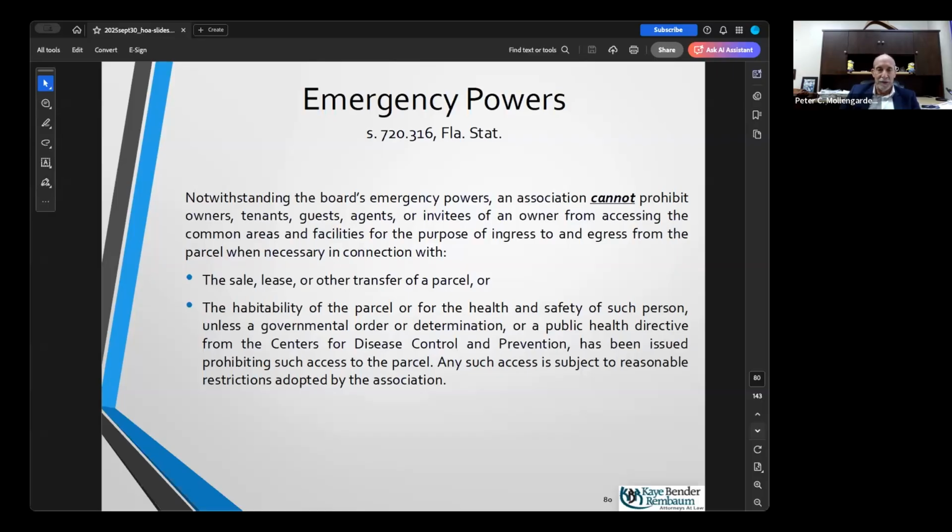Are they not allowed in? So this addresses that. Or the habitability of the parcel, or for the health and safety of such person, unless a governmental order or determination or a public health directive from the Centers for Disease Control and Prevention has been issued prohibiting access to the parcel. Any such access is subject to reasonable restrictions adopted by the association.